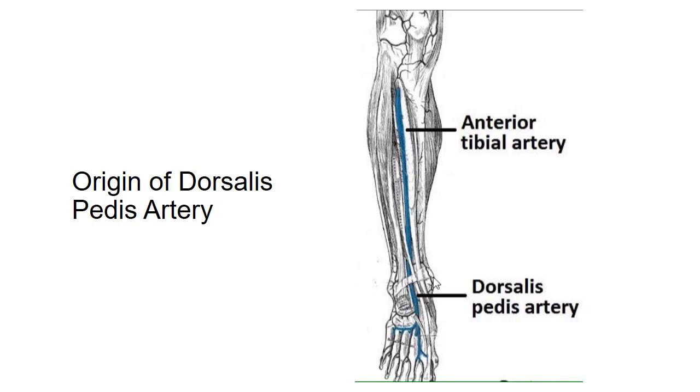This is the medial malleolus, this is the lateral malleolus. At the midpoint of these two malleoli, the anterior tibial artery changes its name and becomes the dorsalis pedis artery, which is the main artery on the dorsum of the foot.